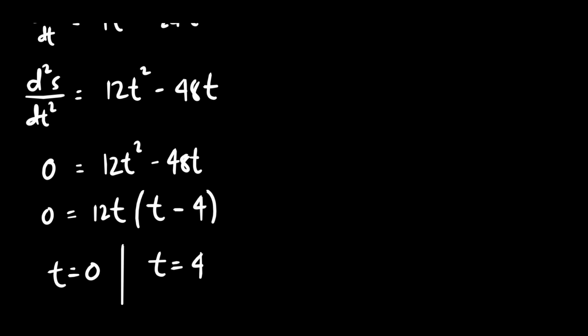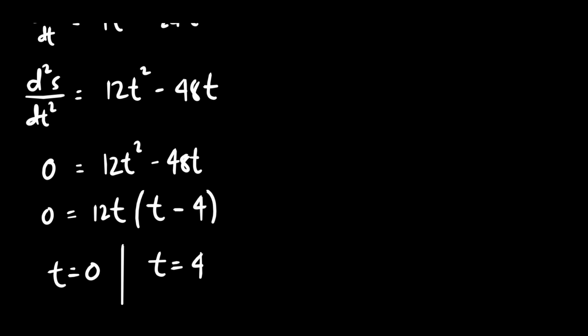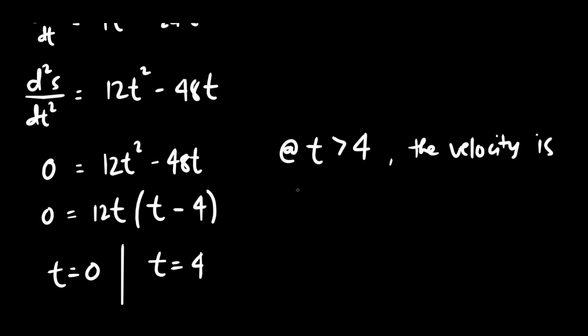By these two roots, we need to find the values of t for which the acceleration is positive. At t greater than 4, the velocity is increasing. Why t greater than 4?